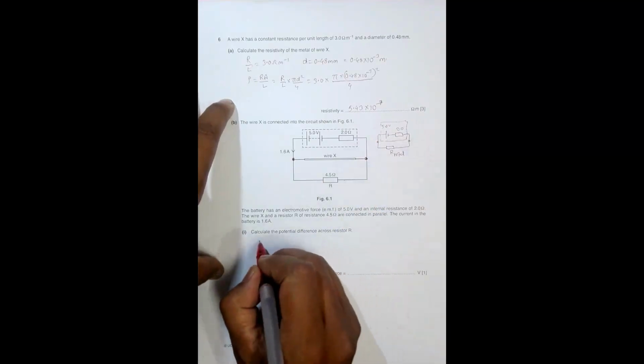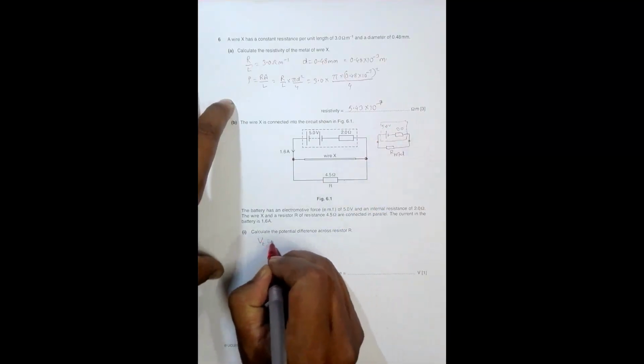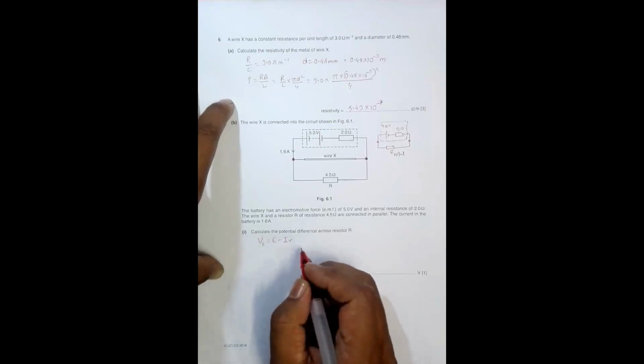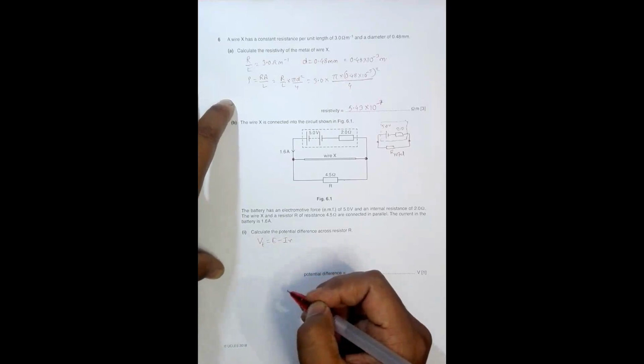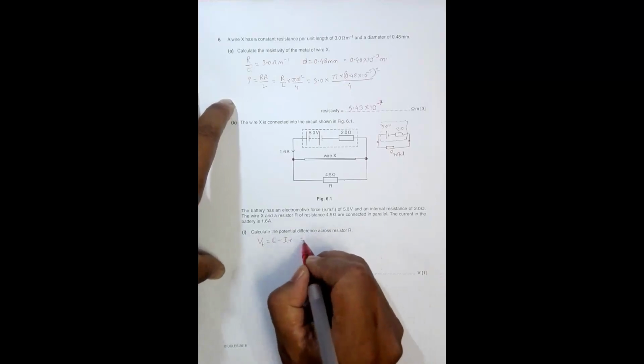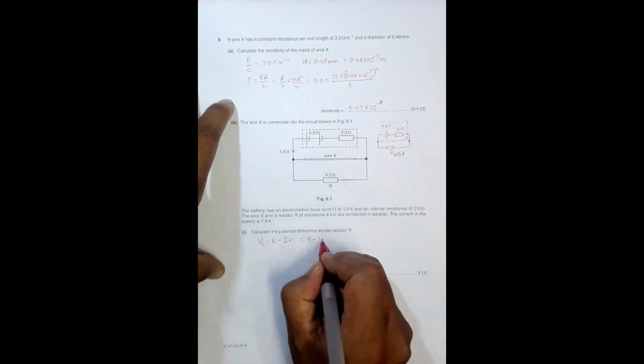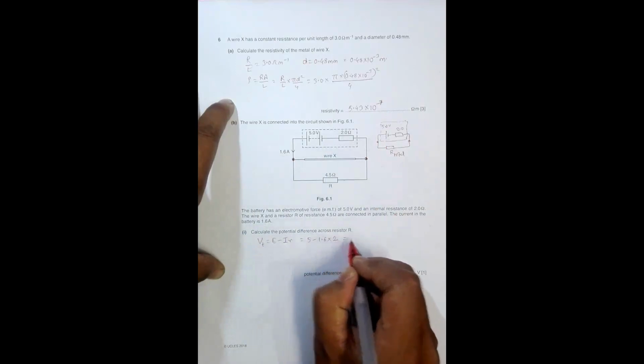So this thing is the terminal PD for this cell. So the formula for the terminal PD will be equal to E minus I into small r, where small r is the internal resistance. So that's why this thing will be 5 minus current is 1.6 ampere, so it is 1.6 into small r is equal to 2.